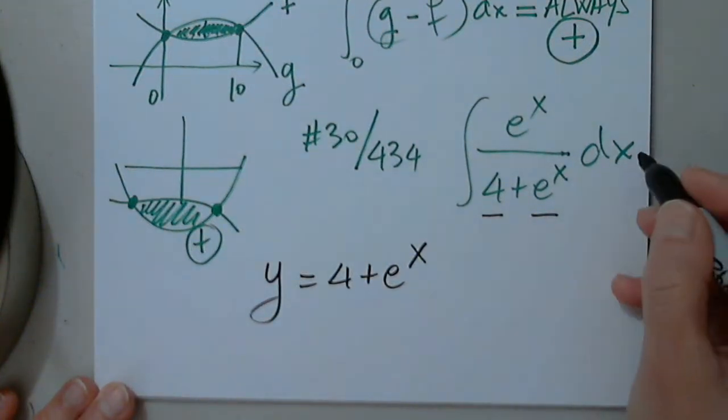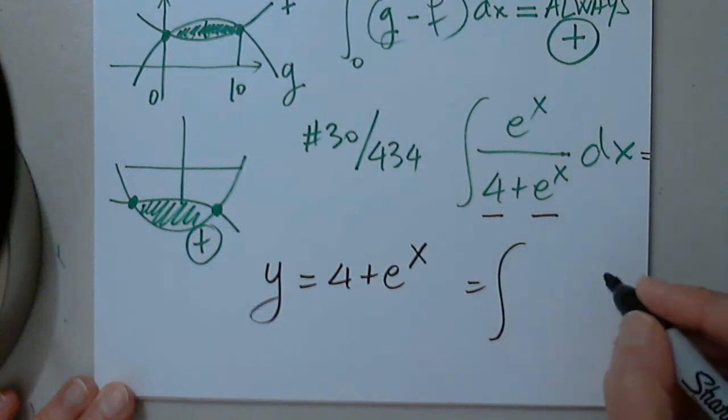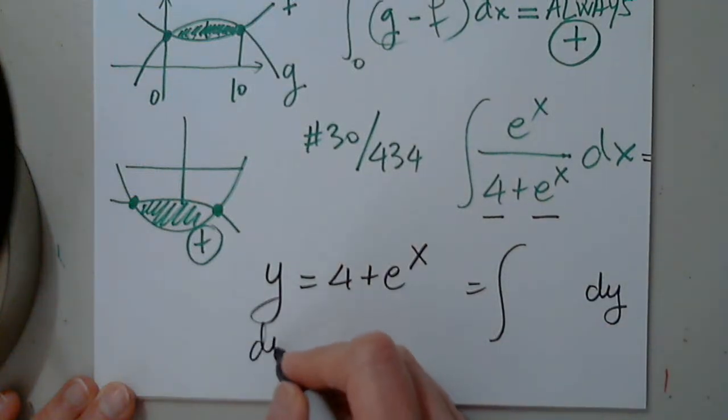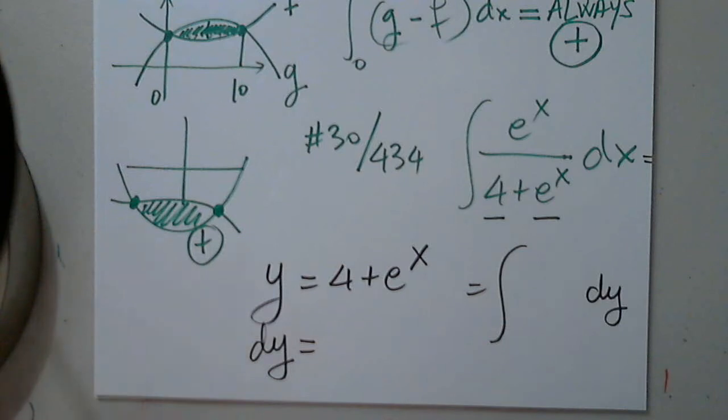When I move from this integral to an integral in y, there must be a dy here. That's why I need to find dy first. So can anyone give us the dy for this function? Anyone?